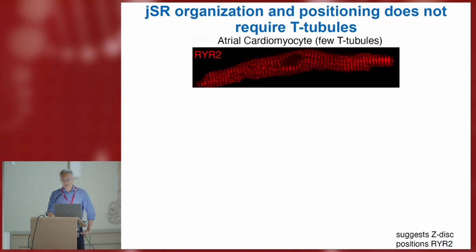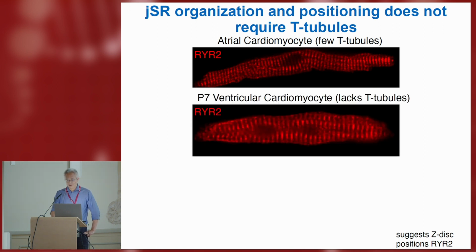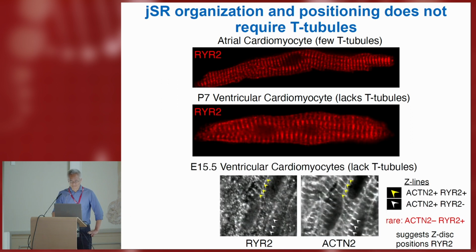And in fact, the junctional SR is positioned independently of the T-tubule. So we can look at myocytes that naturally do not really have T-tubules. For example, atrial myocytes have few T-tubules, but they still have highly organized junctional SR. The same with a neonatal ventricular myocyte, which also doesn't have T-tubules, but it still has organized ryanodine receptors.